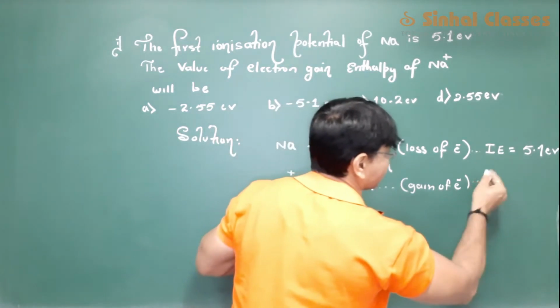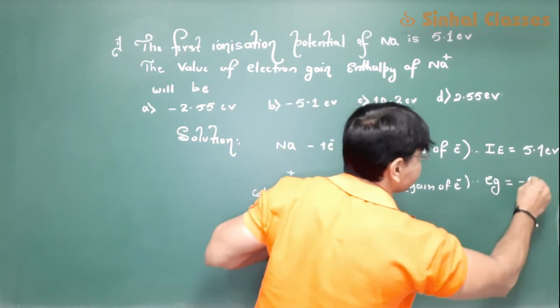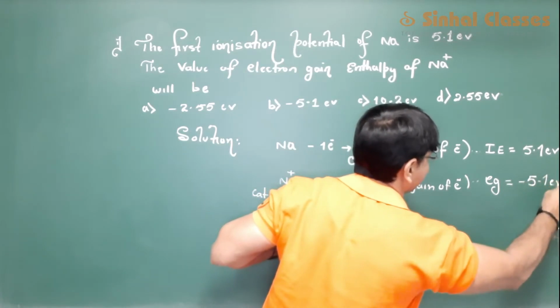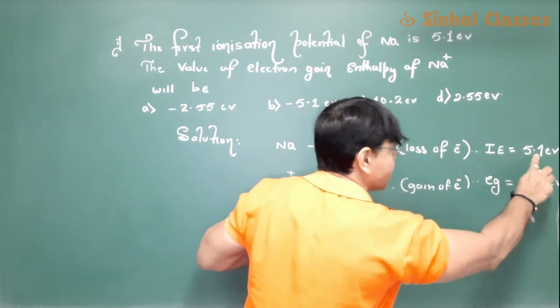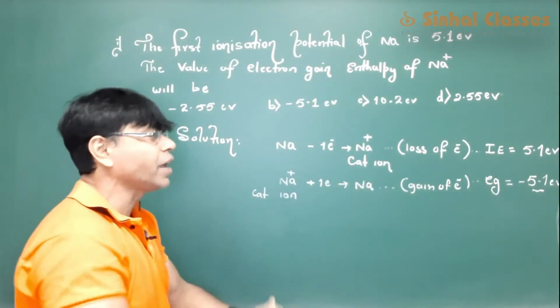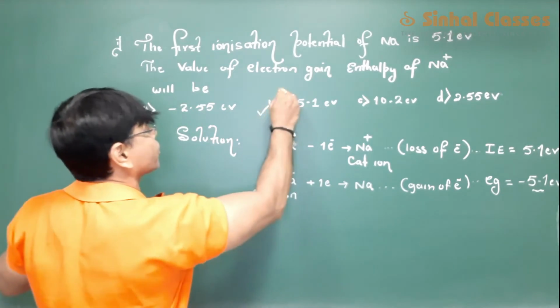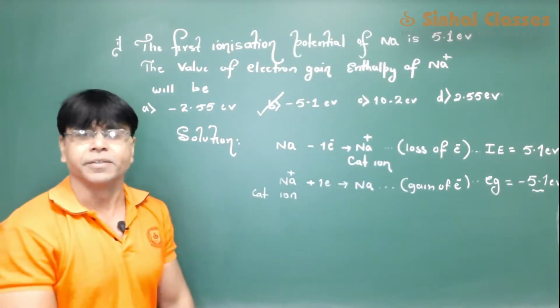So if the ionization energy is 5.1 electron volt, then electron gain will be minus 5.1 electron volt. So your answer for this question is B.